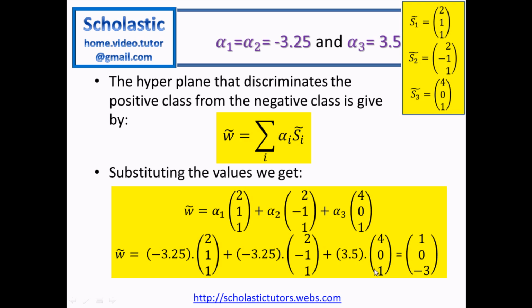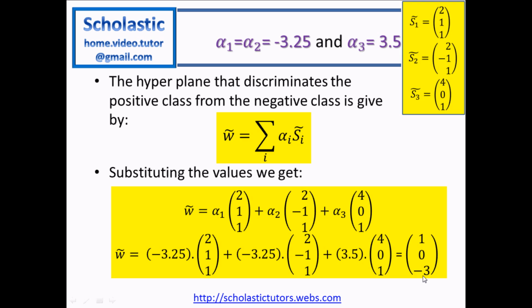Basically, -3.25 times 2 plus -3.25 times 2 plus 3.5 times 4 becomes equal to 1. The next line, -3.25 times 1 plus -3.25 times -1 plus 3.5 times 0 becomes 0. Last one, this times this plus this times this plus this times this equals -3.